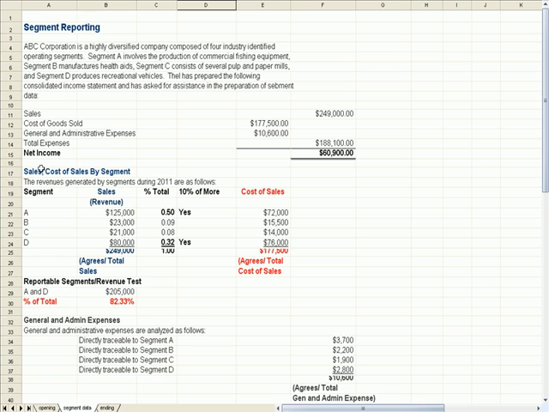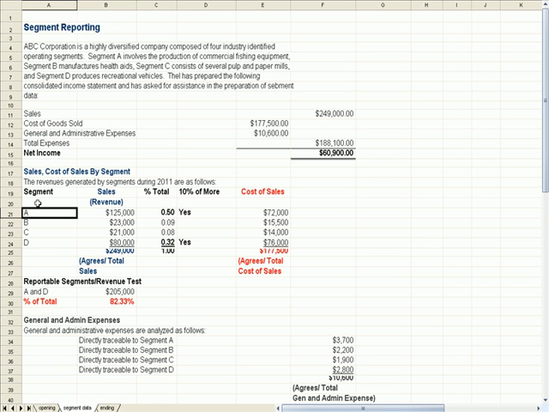So I think if you do get a test question like this, the way to set it up is to do sales by segment first. So I have my segments. I have sales and revenue for each. And what I'm looking at in this formula is what percentage of total sales does each segment have?